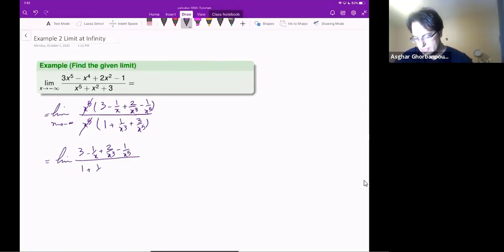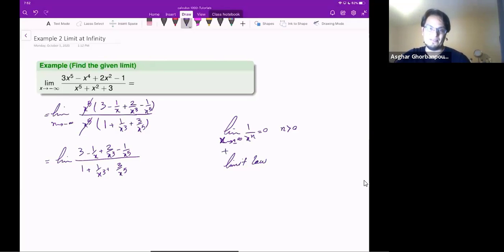Why am I saying it is simple? Because just by knowing the fact that the limit of 1 over x to the power n as x approaches plus or minus infinity, if n is bigger than 0, is 0, and knowing that the limit laws work for limits at infinity, you can separate these: quotient, sum, constant multiple.